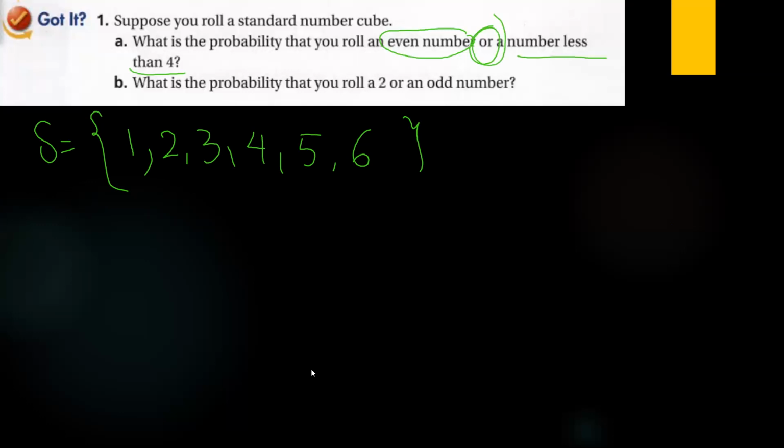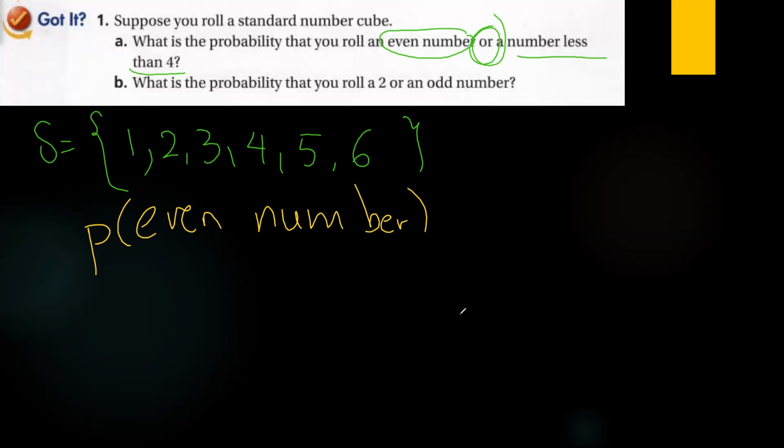In lesson 7, I told you what the probability is. If I asked you what is the probability of an even number, and the question comes like, what is the probability that you roll an even number, you write it like this.